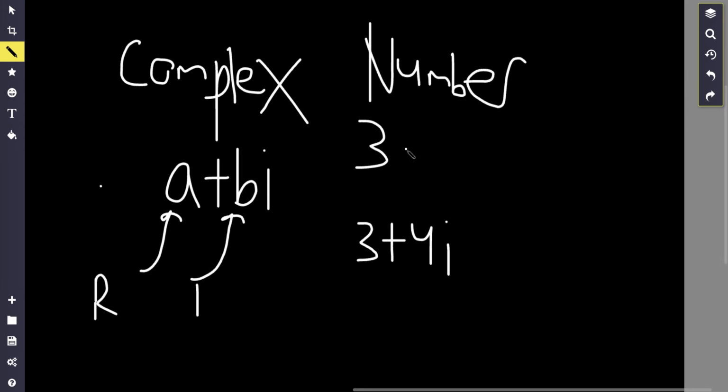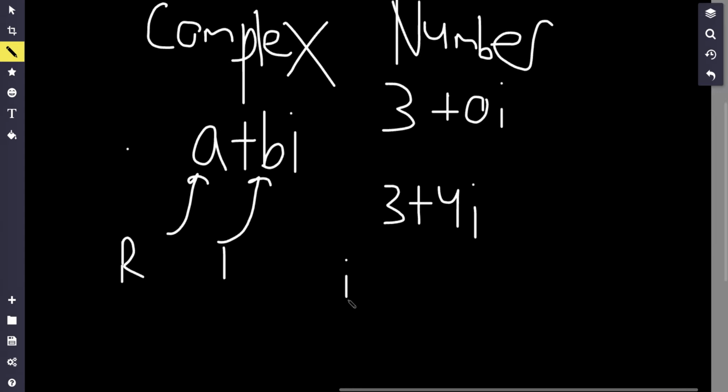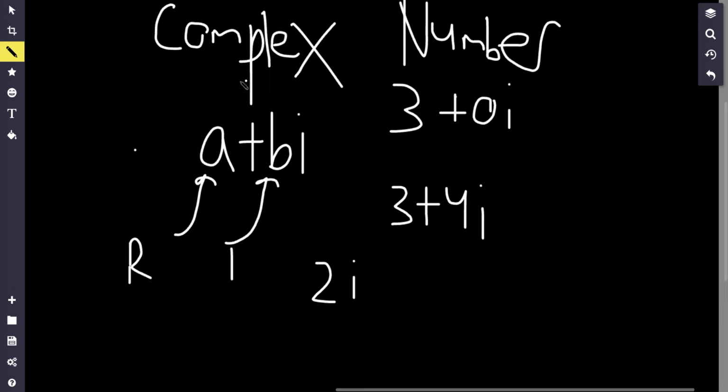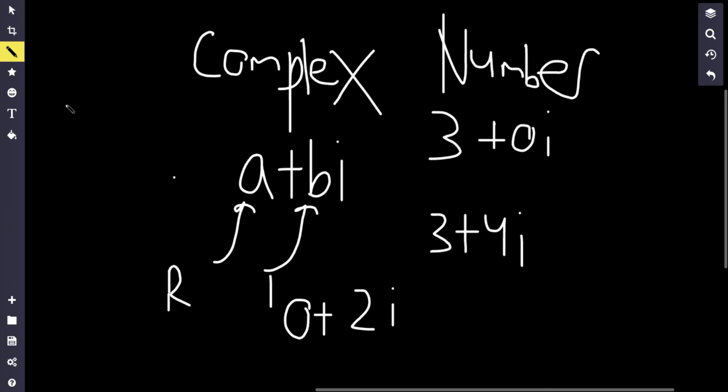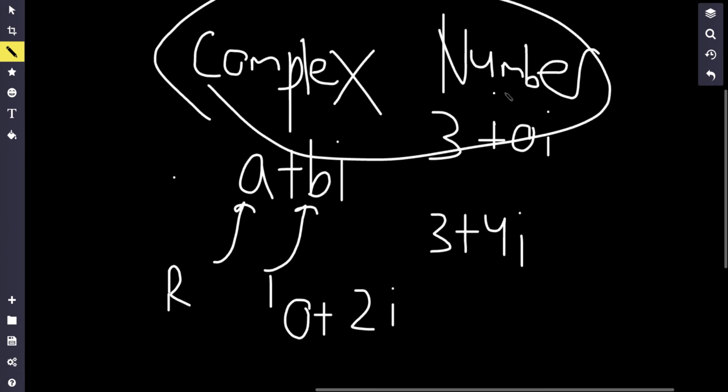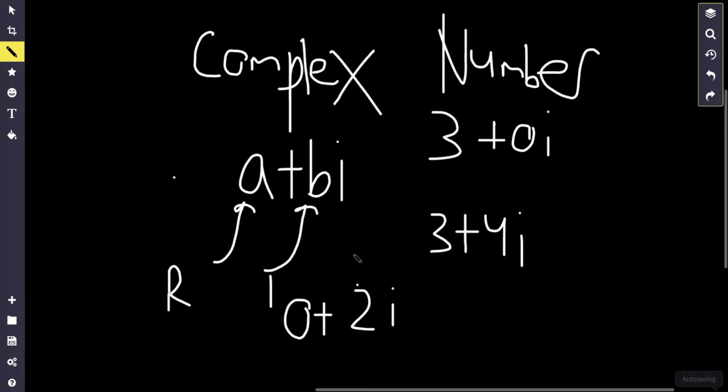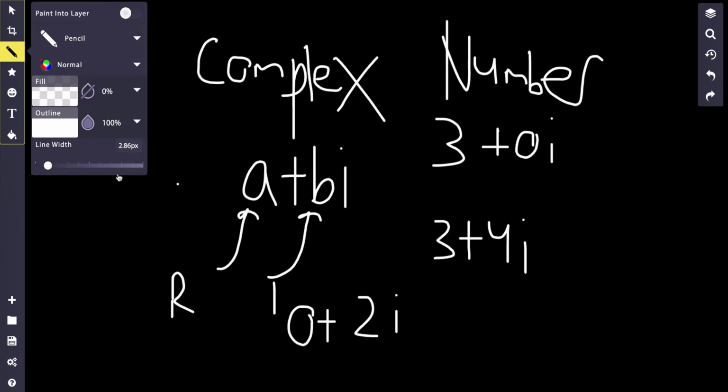You can rewrite this as 3 plus 0i. A number like 2i can be represented as a complex number too, because you can rewrite it as 0 plus 2i. The main point is that all real numbers are complex numbers, and all imaginary numbers are complex numbers. That's the key thing to note.